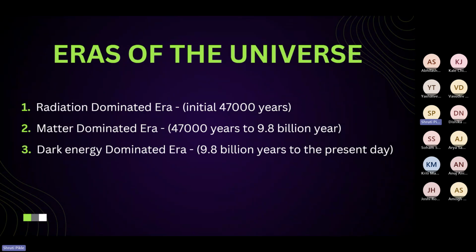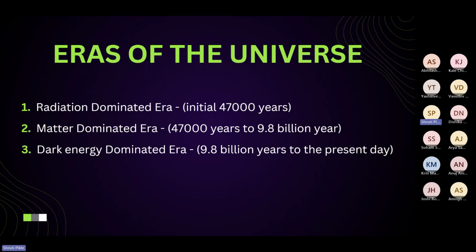So the radiation-dominated era was basically an era where the universe was dominated by photons and neutrinos, that are basically radiations. In the matter-dominated era, the universe was more dominated by matter, as the name suggests, than radiation.